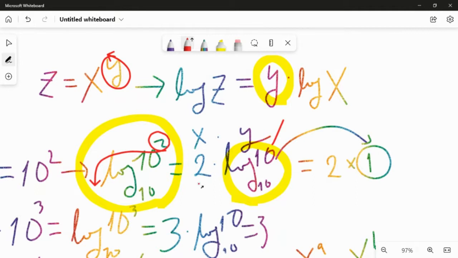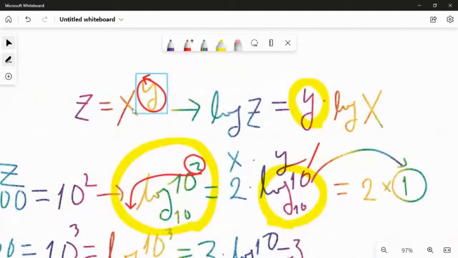And once we have transformed it to this, this is called a power function, whereas this is a multiplicative function, right? z equals x times y is a multiplicative function, whereas z equals x raised to y is a power function. And to solve for that exponent in the power function, we have to turn it into a multiplicative structure.